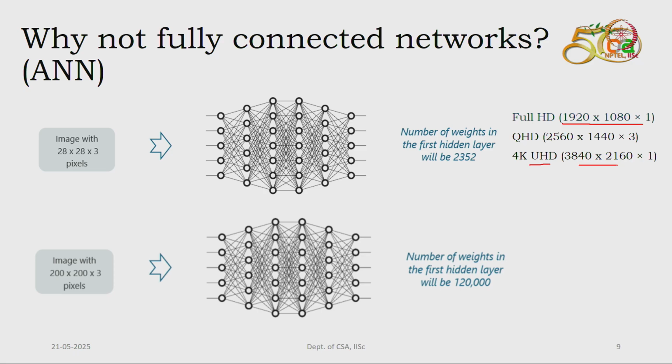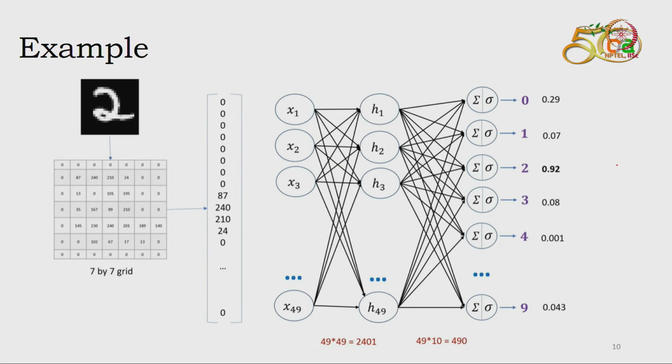Because the input here is an image, and an image is represented as a matrix, and the values inside this matrix will be pixel values, and those pixel values will range anywhere between 0 to 255, and we can either have one single channel or 3 channels based on the type of image. Because of such a huge dimension of an input, it is not possible to go for multi-layer perceptron.